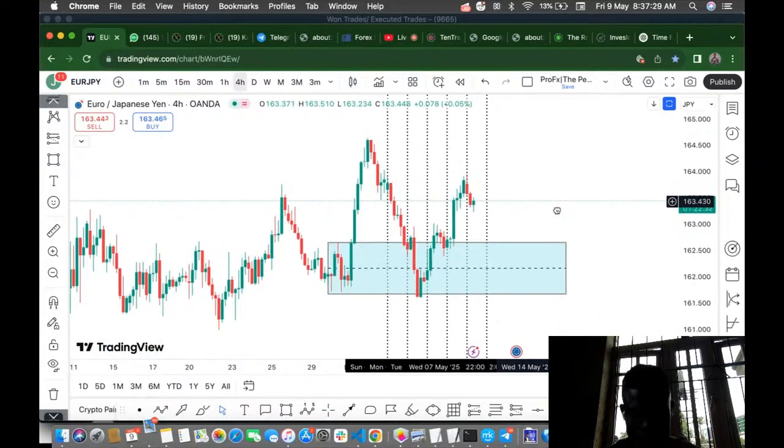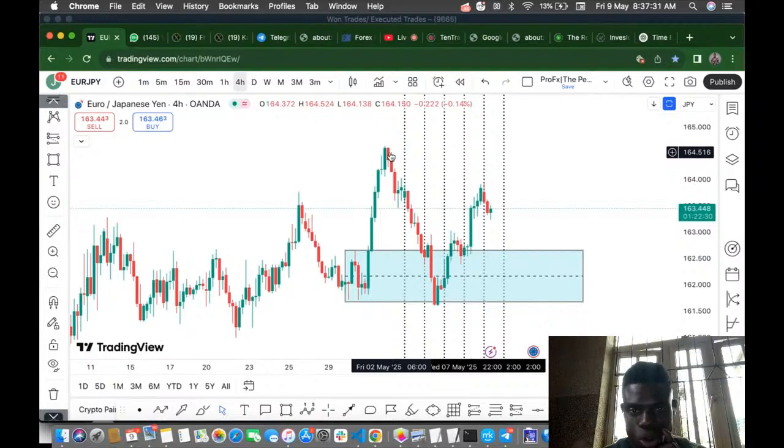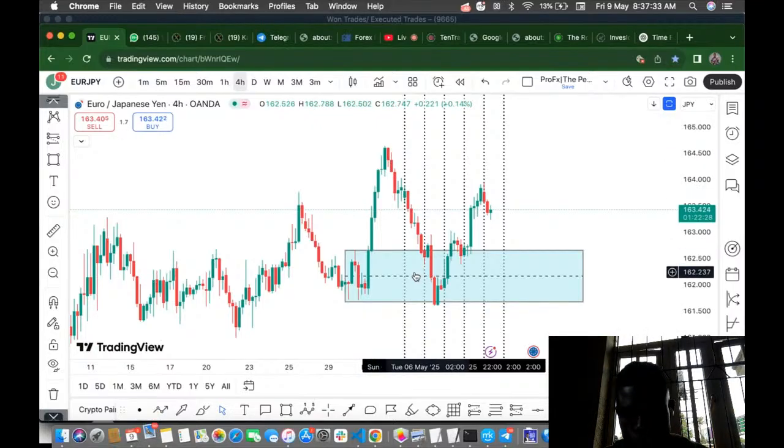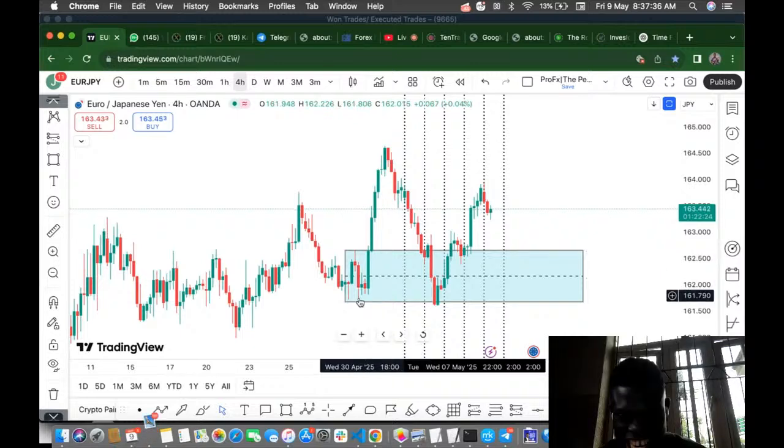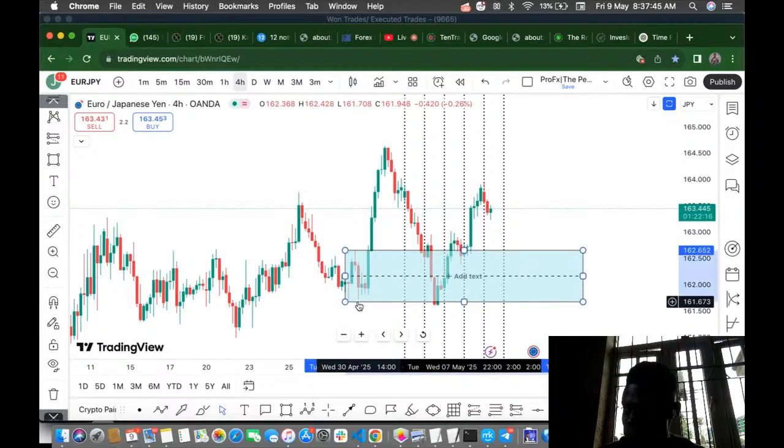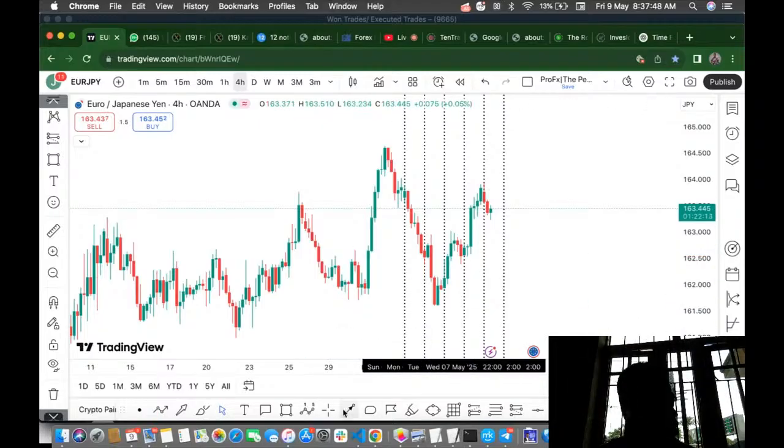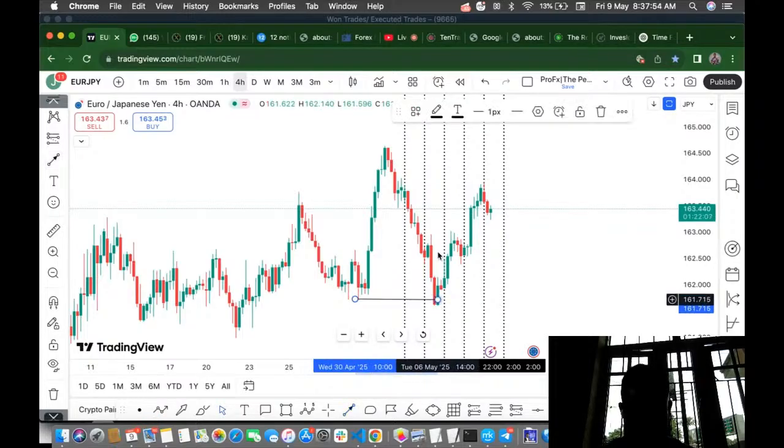On 4 hours, there must be a pullback, and that pullback must either respect the demand or, at worst, induce the low and realign for the buy. So in this case, we had an inducement.